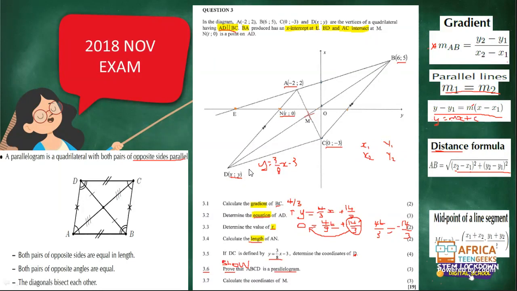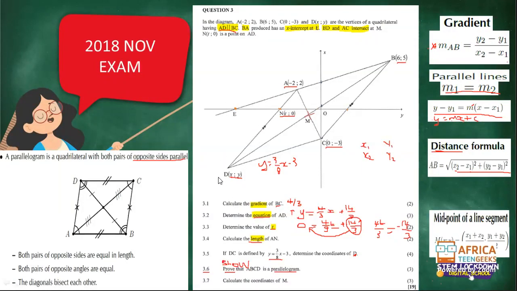So it means you would need to calculate the gradient of DC and the gradient of AB to check if they're equal. So if the gradient of DC and AB are equal, then it means they are parallel. Then you can show that, okay, it is a parallelogram because opposite sides are parallel.